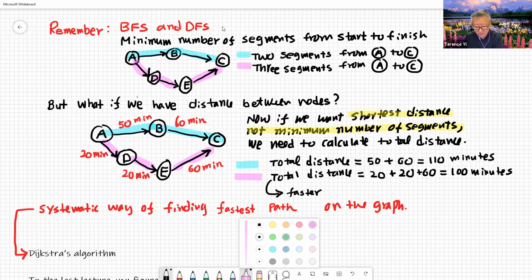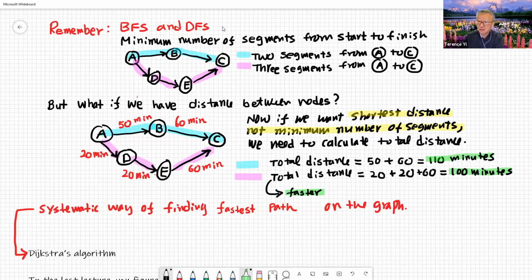So that means we have the fastest, right? If you take the blue path, it will take you 110 minutes. If you take the purple path, it will give you 100 minutes. So the bottom path, the purple path, is going to be faster than the blue path up there.